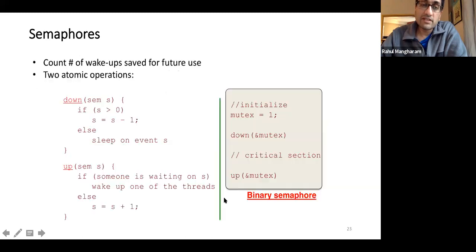So that basically talks about what semaphores are. And semaphores are calling sleep and they're calling wake up. But this sleep and wake up is a direct operating system system call.